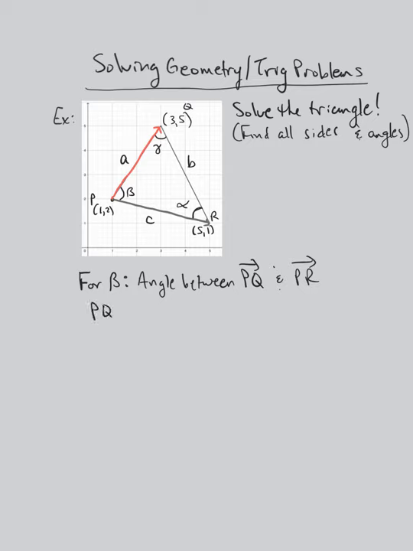So to get the components for the vector PQ, I take the coordinates for Q, which would be 3 and 5, and then I subtract off the coordinates of P, which would be 1 and 2. So the vector PQ in component form is 2, 3. Notice also that that's going to give me this length A. All I have to do is find the length of that vector.